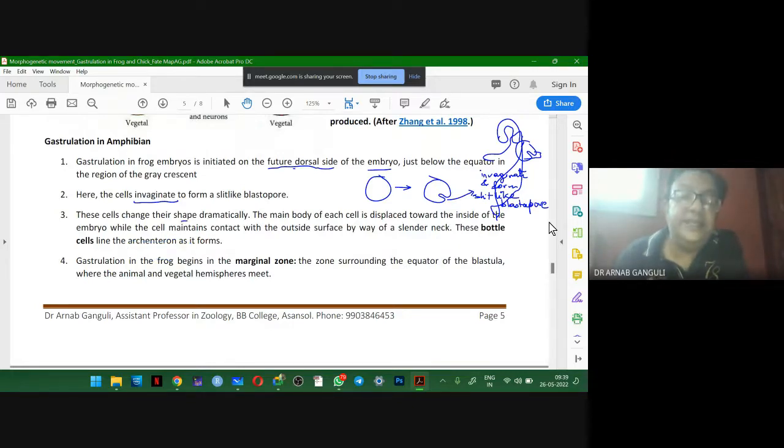Then the cells' shape changes dramatically. The cells which are present in this region become shaped like a strange bottle. These are known as bottleneck cells.